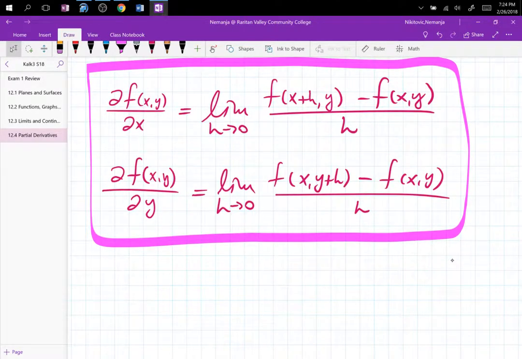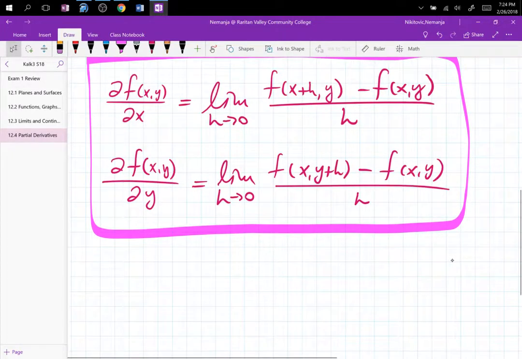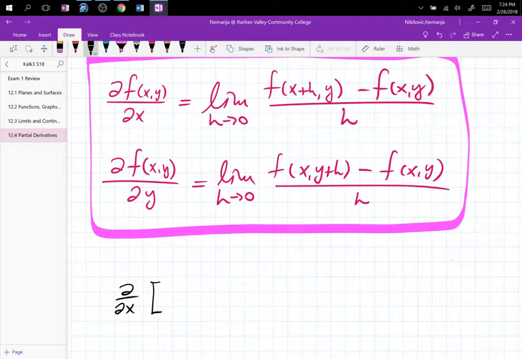But we know, because we are experienced with Calc 1, that doing the limits is not the way to take derivatives, right? We memorize those shortcut formulas. So say you want to find the partial derivative with respect to x of the function x squared y cubed plus sine y.